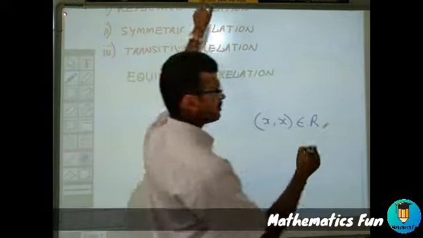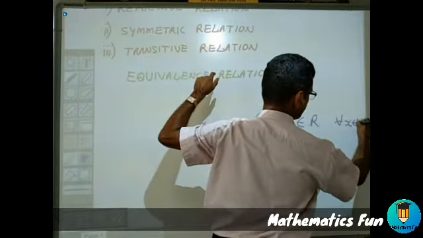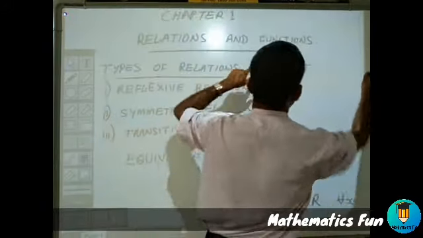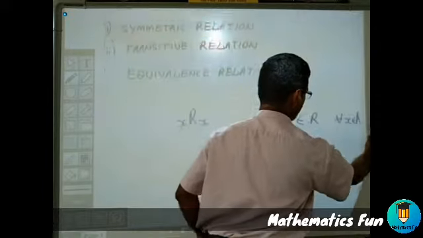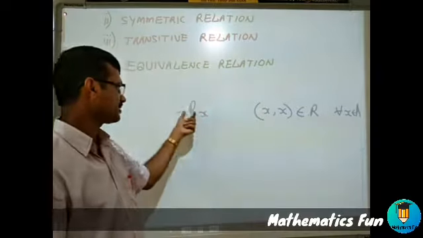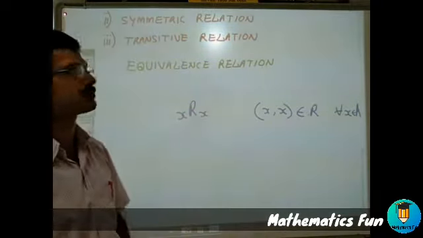This x belongs to the particular set. Here I said the types of relations on a set, so for all x belonging to the given set, all elements of that set are related like this. x is related with itself. Such a type of relation is a reflexive relation.